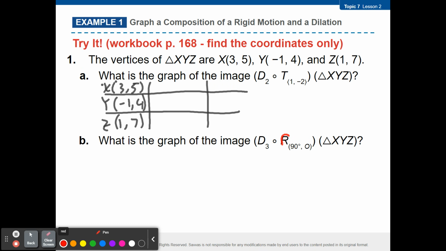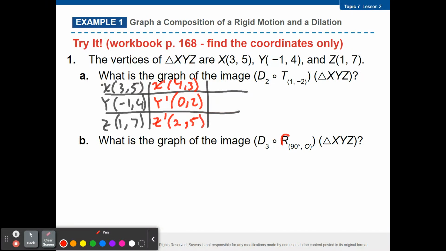What usually happens with that 1 and -2? Shane? Yeah, so the 1 goes with the x values, the -2 goes with the y values. All right, so that's going to leave you with x prime is (4, 3), y prime is (0, 2), and z prime is (2, 5).